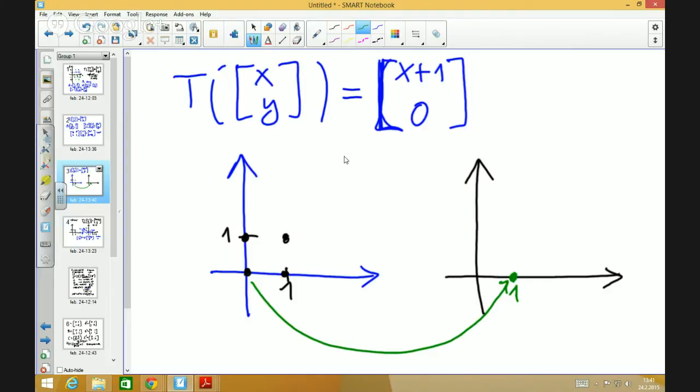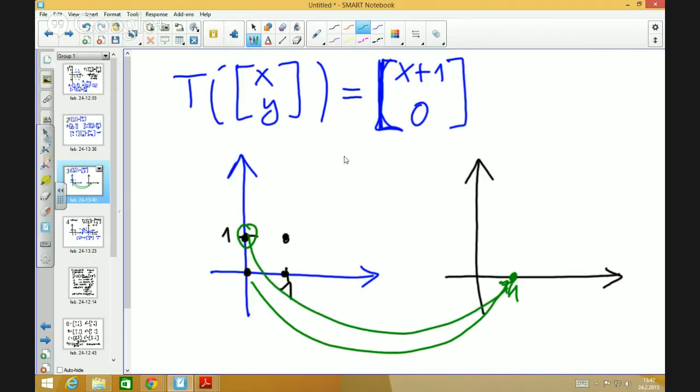Where does this point here go? Some people are saying 1, 1, but if you look at the y coordinate, it always becomes 0. So where does it go? To the same.